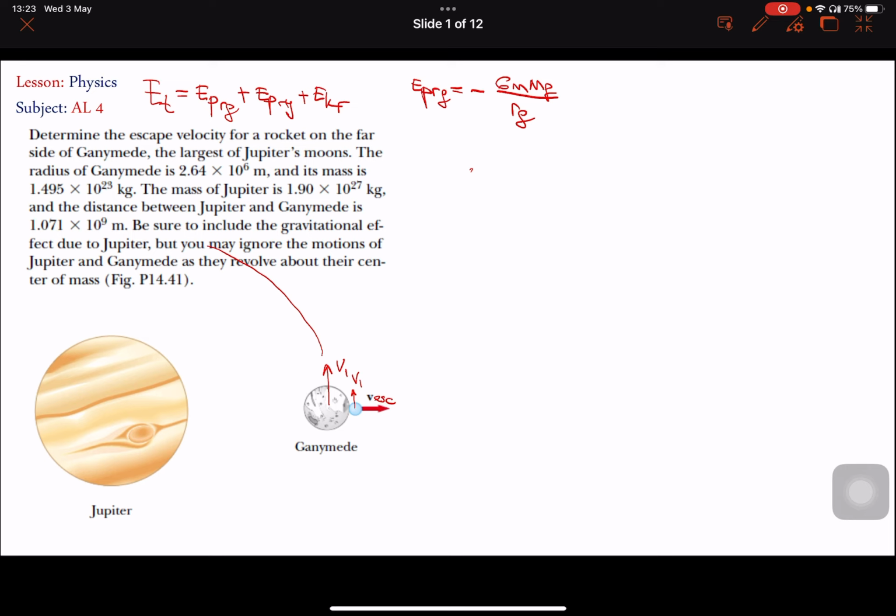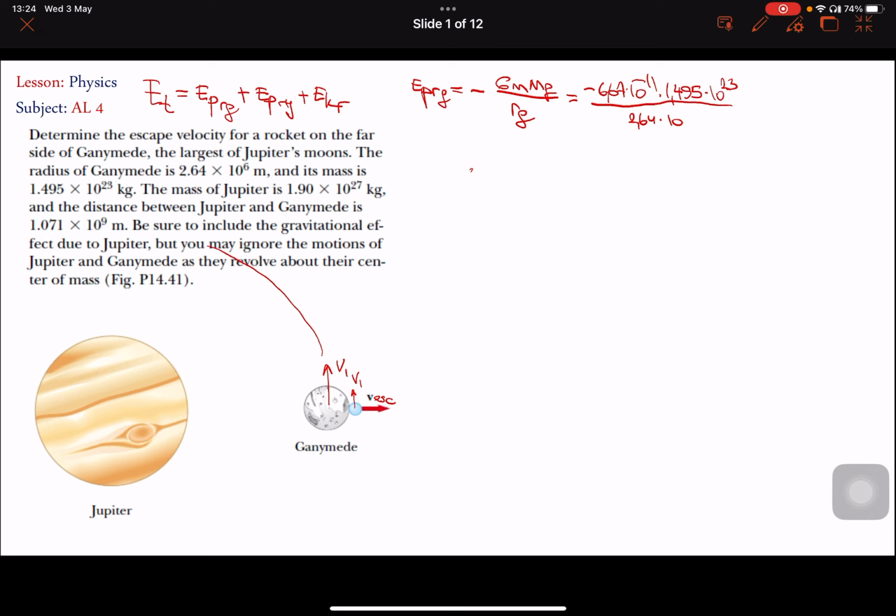The radius of Ganymede is 2.64, so I will place the numbers instead of letters: minus 6.67 times 10 to the power of minus 11, multiplied by 1.495, the mass of Ganymede, times 10 to the power of 23, over the radius, 2.64 times 10 to the power of 6 meters.